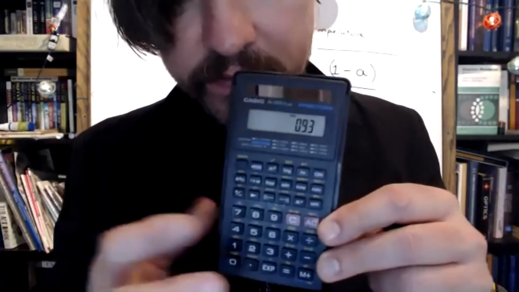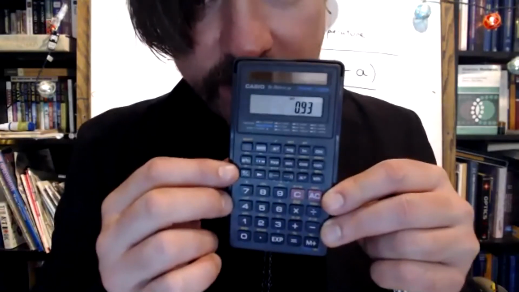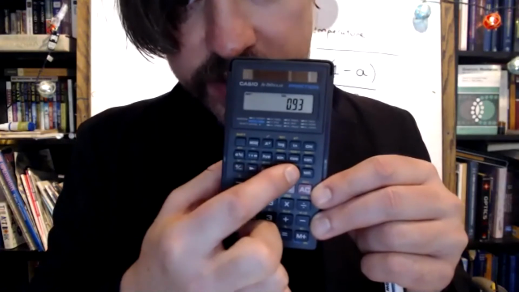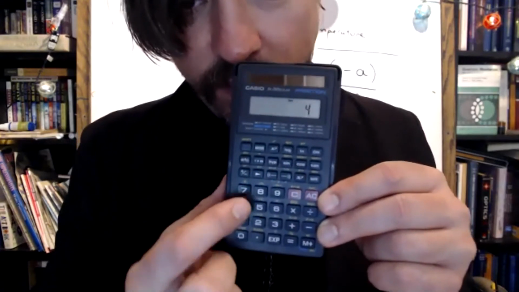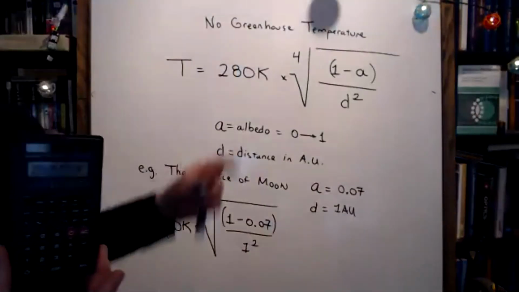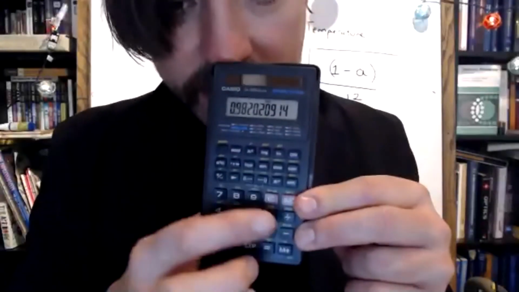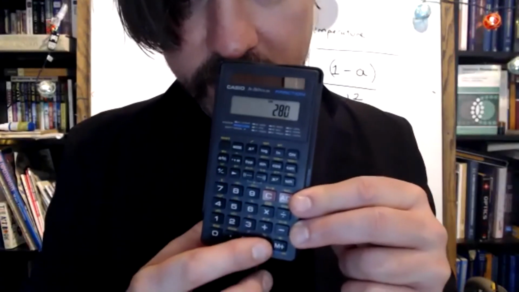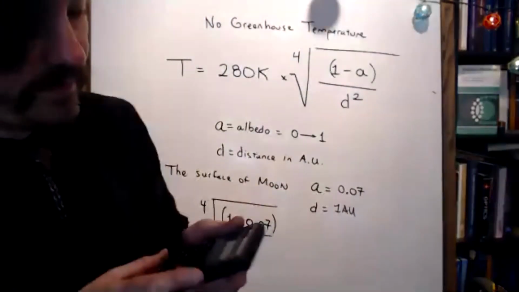Divided by 1 squared equals whatever. Now we've got to take our fourth root. Remember that to do that, you go shift arbitrary root 4 equals, and then we multiply by 280 times 280 equals. What'd you get?